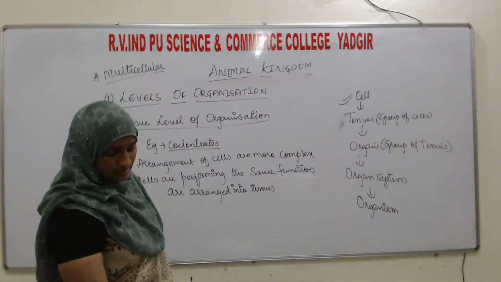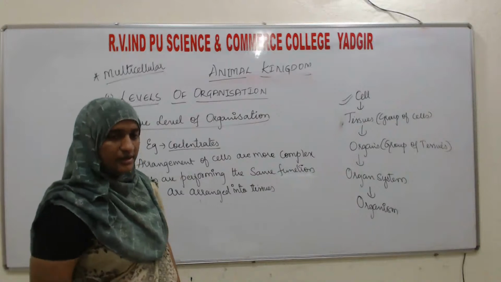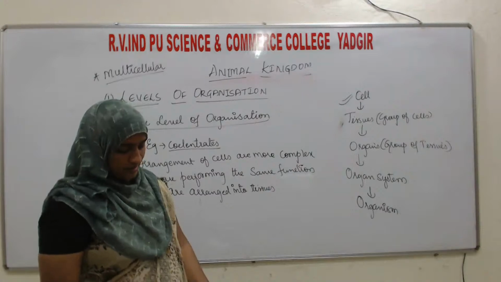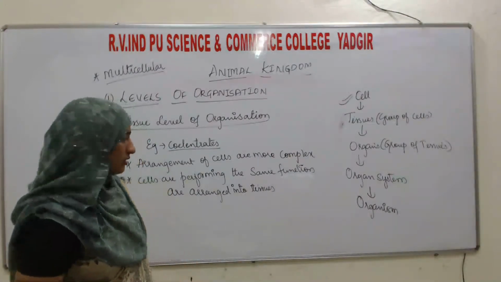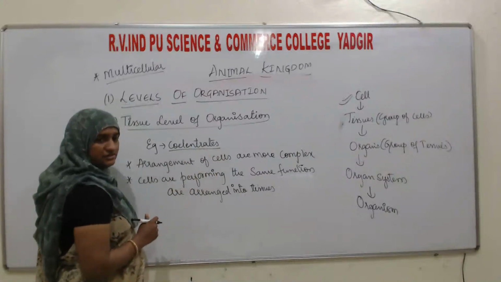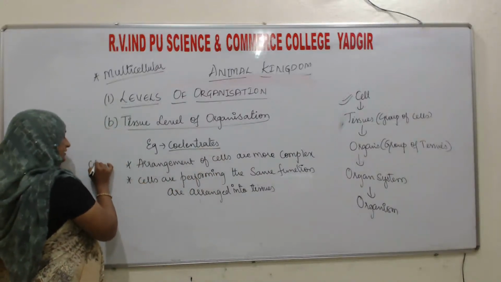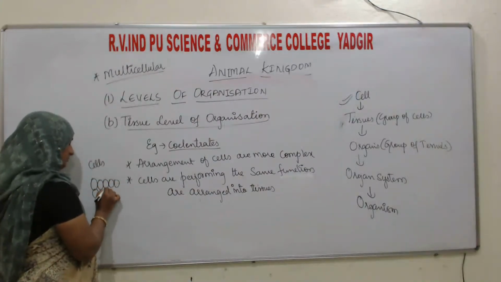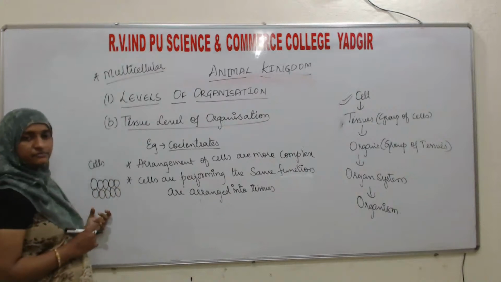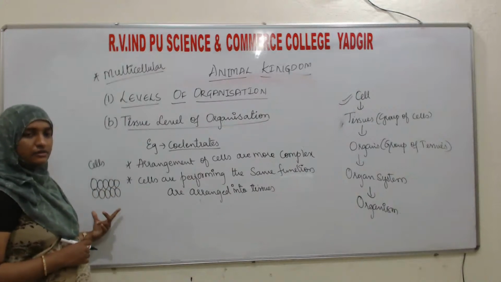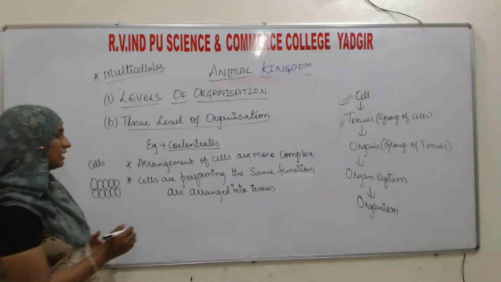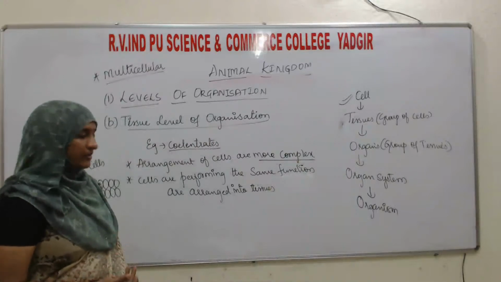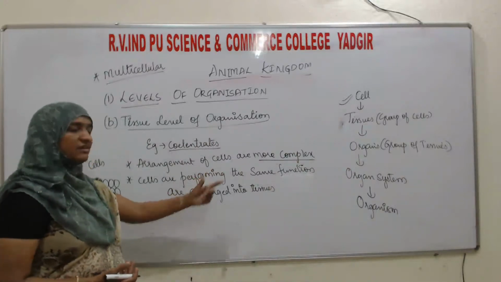See here, one example I will tell you about is coelenterates. Coelenterate is Cnidaria, and an example is Aurelia. In coelenterates, for example, these are some cells which are arranged in a more complex form. These cells are performing the same function.